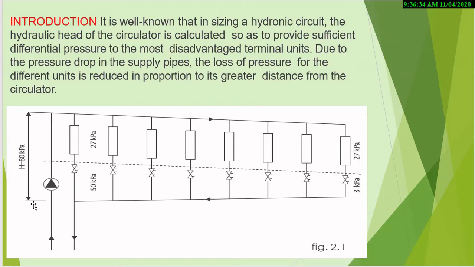The only exception is the most disadvantaged terminal unit, which having the exact differential pressure and therefore the exact flow rate, does not need an additional correction.